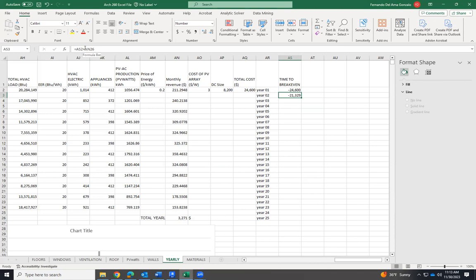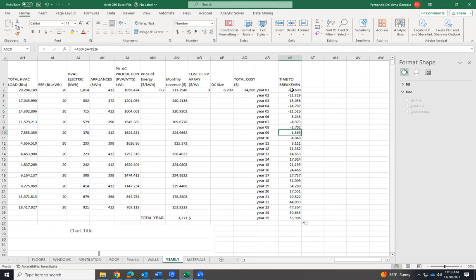If I do this, since I have to always use the same cell, I have the dollar here. And then if I go down, this one will be this value plus this. So I can go all the way down. And in this case, in year 8, we have this break-even point, and as of year 9, I start making money.